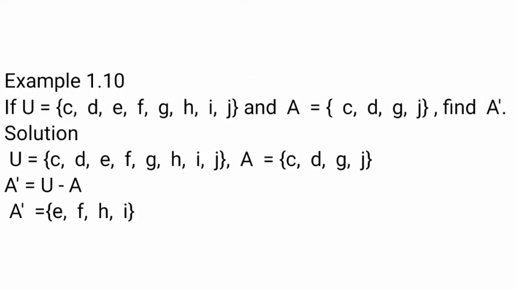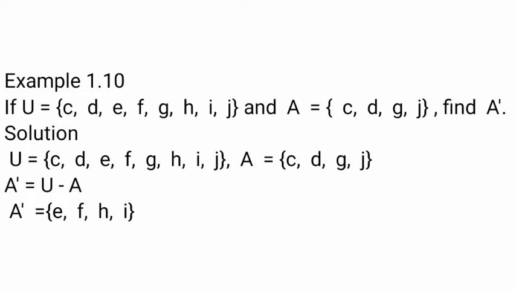Next, example 1.10. If U equals {c, d, e, f, g, h, i, j} and A equals {c, d, g, j}, then find A dash. The solution. What is the meaning of A dash?